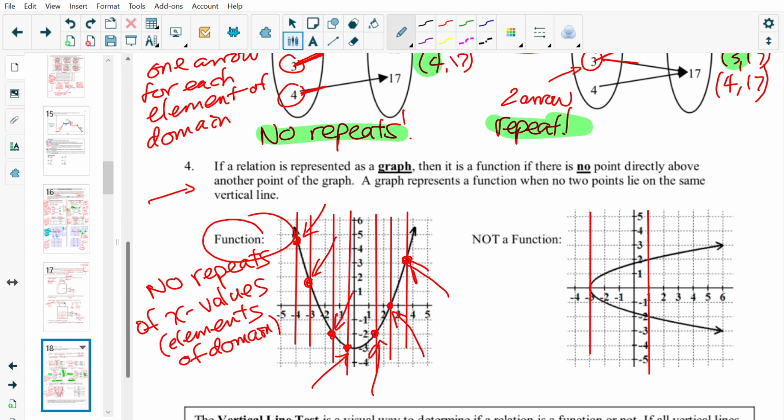It fails. So first of all, this vertical line, I have 1, 2, and this vertical line produces a point of 1, -2. Well, I'm repeating elements of the domain, 1 and 1.